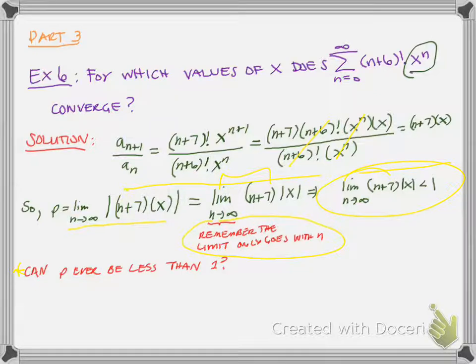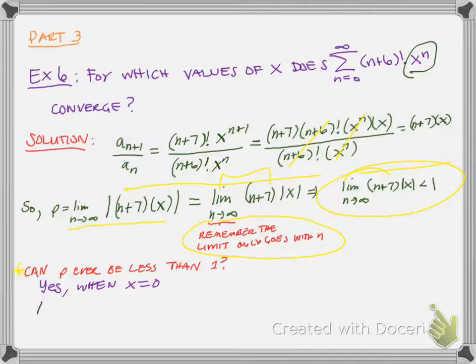And the answer is yes, when x is equal to 0. If you only think about n, as n goes to infinity, n plus 7 goes to infinity. But since x is independent of it, when x is 0, that 0 will dominate and make the entire thing 0. So it's just when x is equal to 0, which is the center, a trivial case.